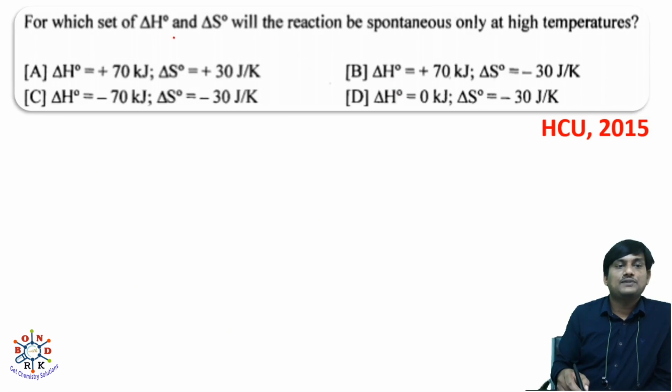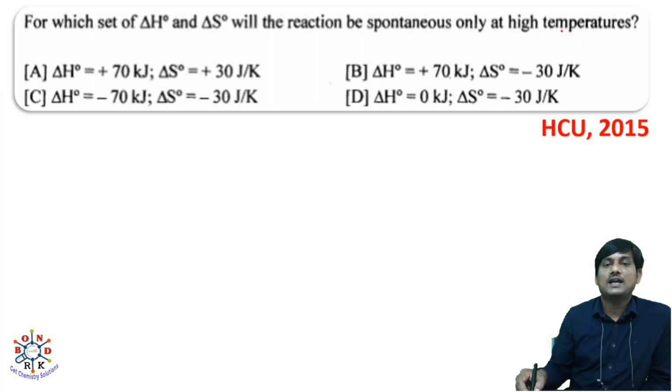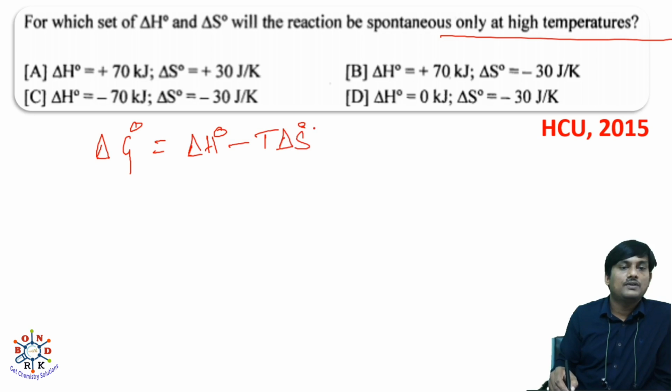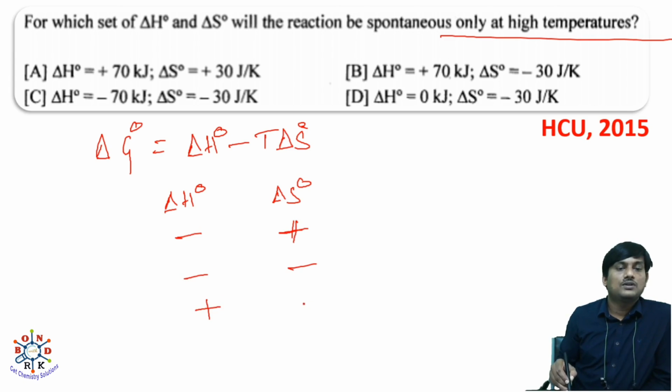For which set of delta H naught and delta S naught will the reaction be spontaneous only at high temperature? This is the relation: delta G naught is equal to delta H naught minus T delta S naught. Suppose you take delta H naught, delta S naught, what are the possible values? Negative, positive, or negative, negative, or positive, positive, or positive, negative.